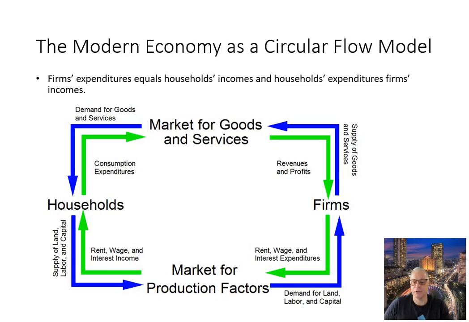And for the firms, those are rent, wage, and interest expenditures. And by selling the goods on the market for goods and services, the firms have income in terms of revenues and profits. And again, they are fed by the consumption expenditures by the households.